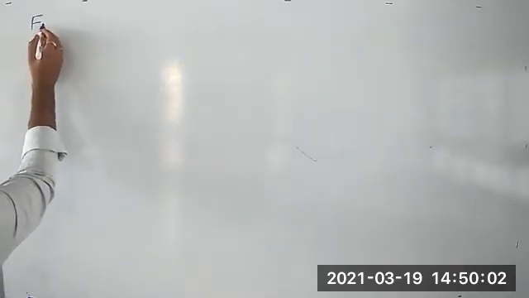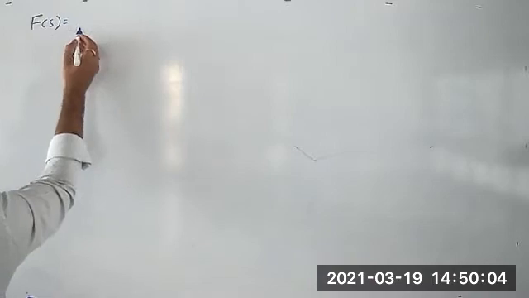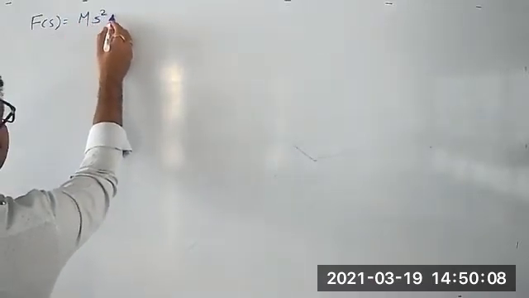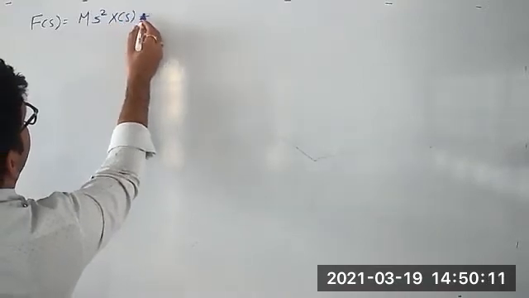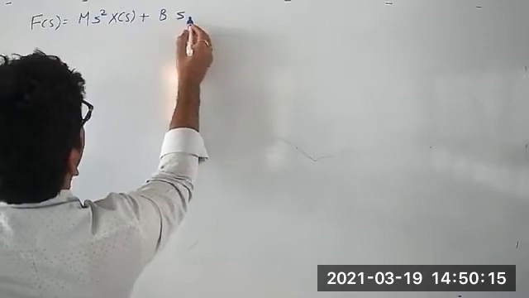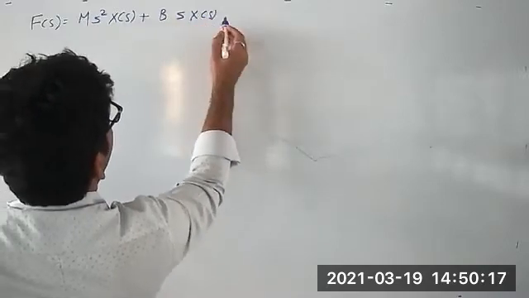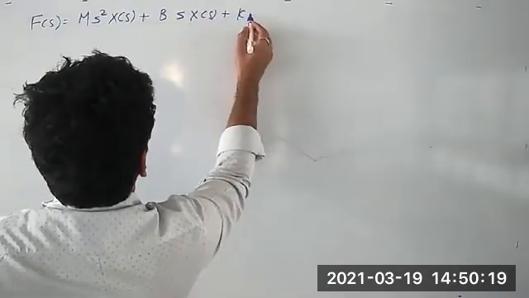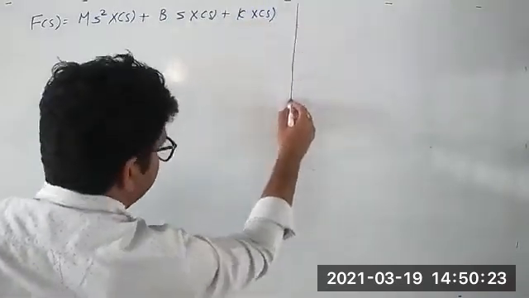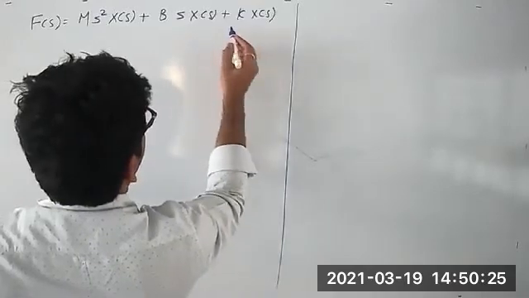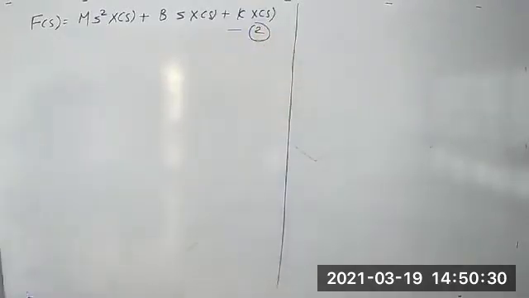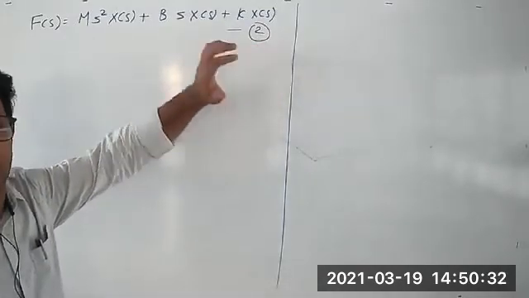We got F(s) equals capital M into s square into X(s), plus capital B into s into X(s), plus k times X(s). In the last lecture we denoted this equation by number 2.